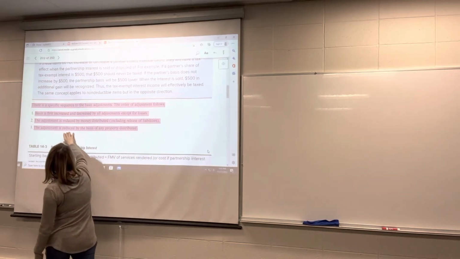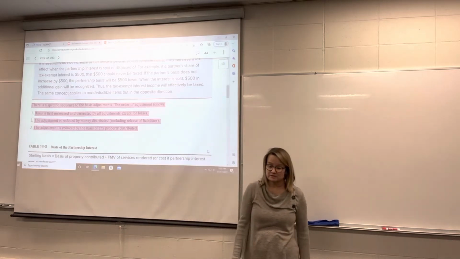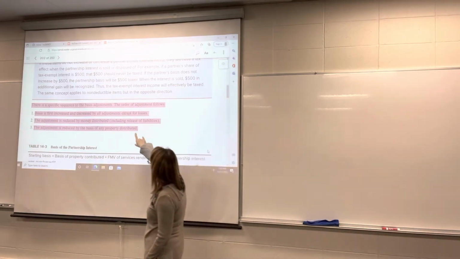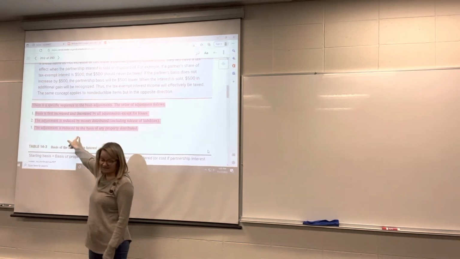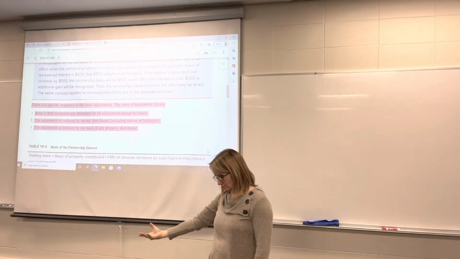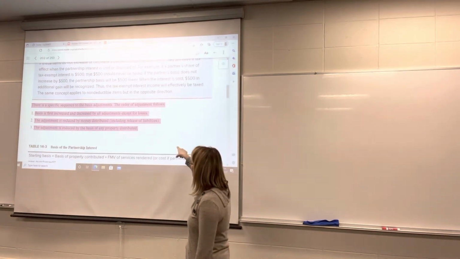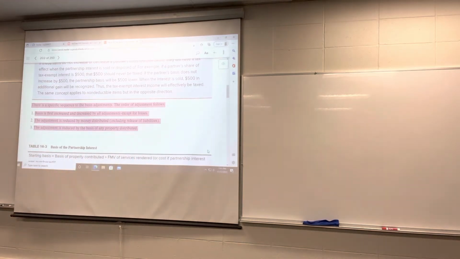Third is a reduction by the basis of any property distributed. That's different from money distributed. Here we're talking about anything other than cash that's being distributed by the partnership to the partner. That's the order we have to take in order to adjust our basis.